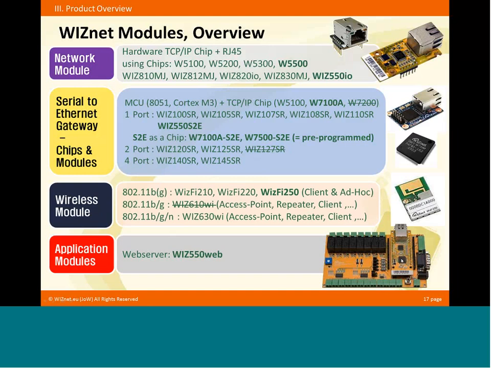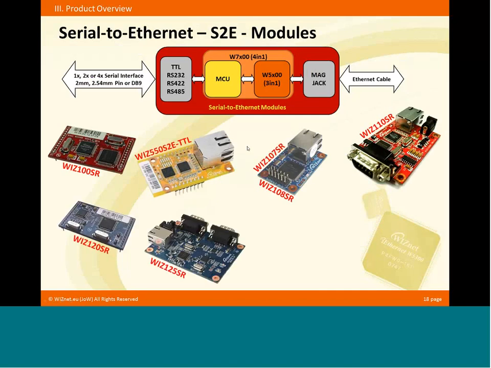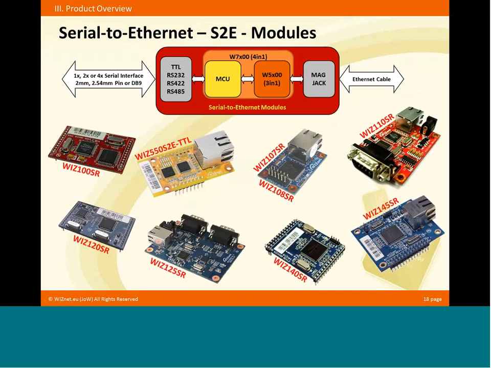We coded those applications a long time ago, so they are very, very stable. I would say the most stable serial to Ethernet application modules you can find, because there is no operating system, no interrupts. These modules consume just 150 milliamp of power, so there is also no temperature issue.